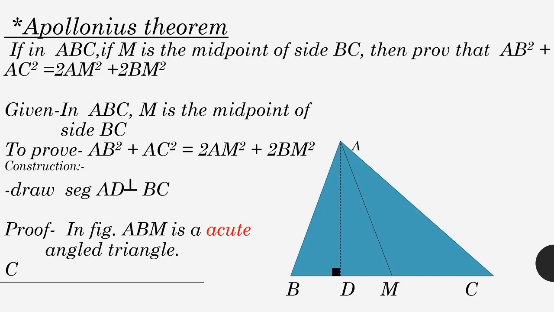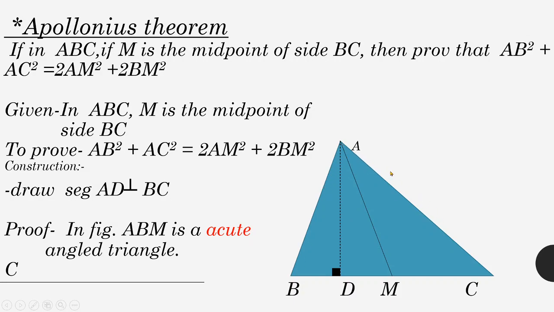If in an example a triangle is given and a median is given, then you can directly apply the Apollonius theorem property. We first take two sides of this triangle, AB square and AC square.